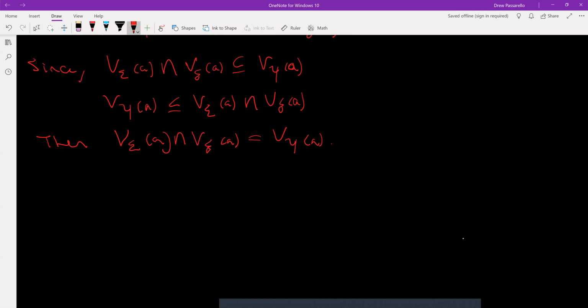Case 2 is done similarly. Case 2 was the case where epsilon is less than delta.